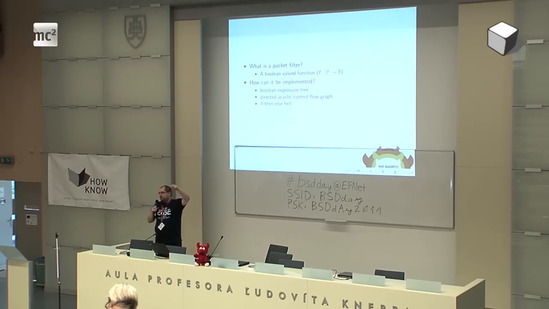Basically a graph where you can only move forward, not backward. So you get the packet and you start walking from the top of the graph to the end. If you can exit the graph somewhere, then you have a decision. But eventually you exit the graph because, as I said, you can't move backwards.